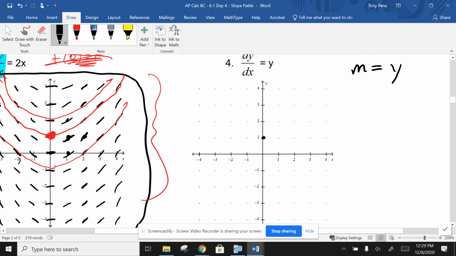But think about, here's 0, 1, 1, 1, 2, 1, 3, 1, 4, 1. So now the horizontal lines all have the same slope. So anywhere where I'm at 0, 1, 1, 1, those slopes should always be the y coordinates of 1. So across the horizontal line now here, these should all have slopes of 1.